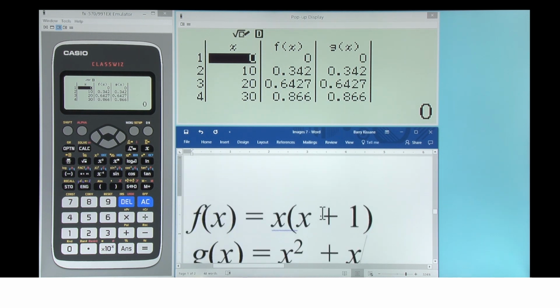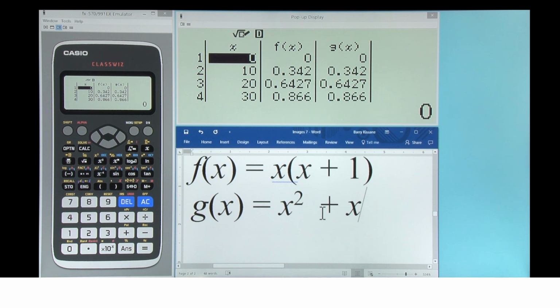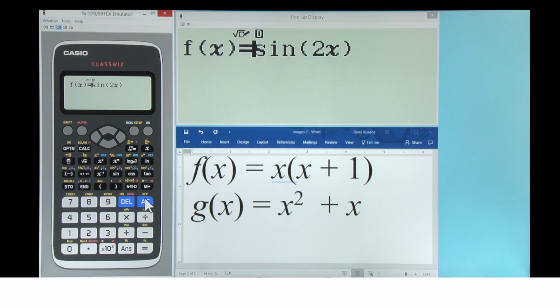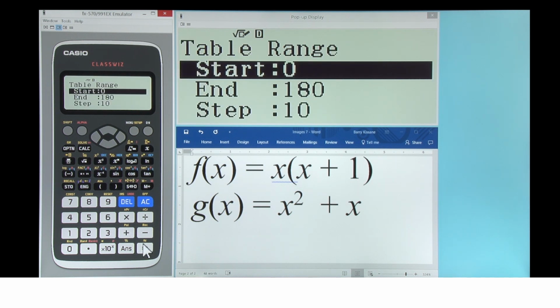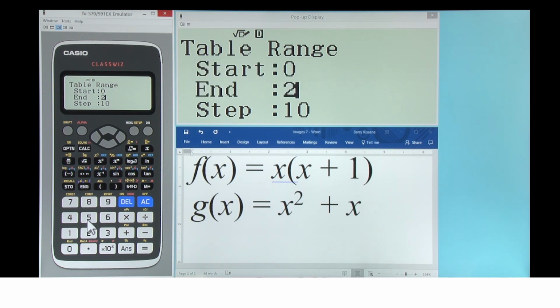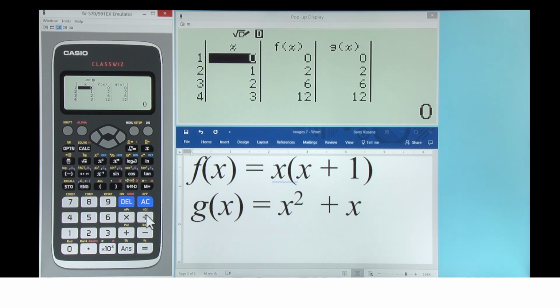So let's look at this example. If we consider the function x times x add 1 and another function x squared add x, and look at these two functions on a range of values, say 0 to 25 in steps of 1, the two values are always the same.